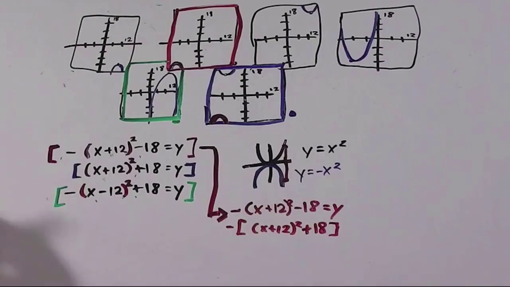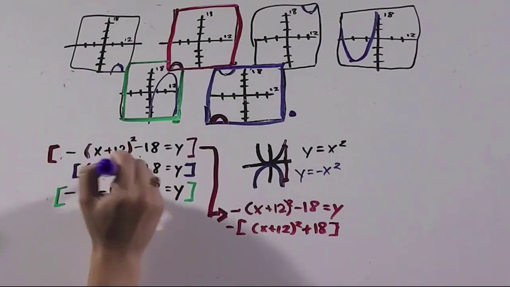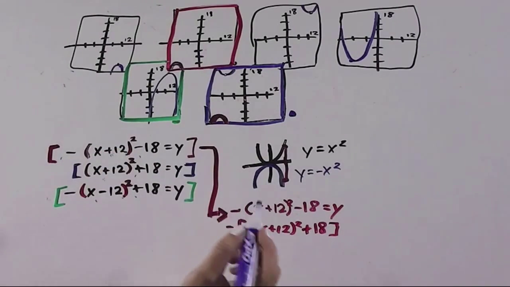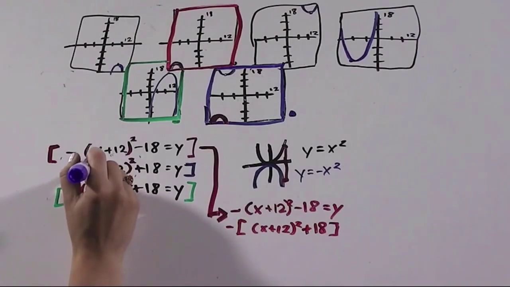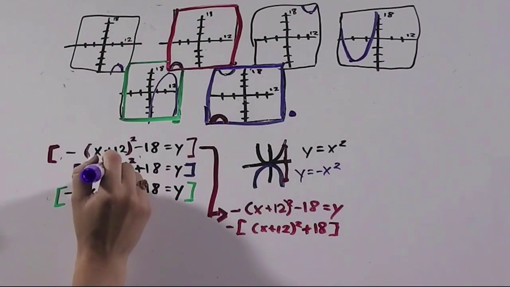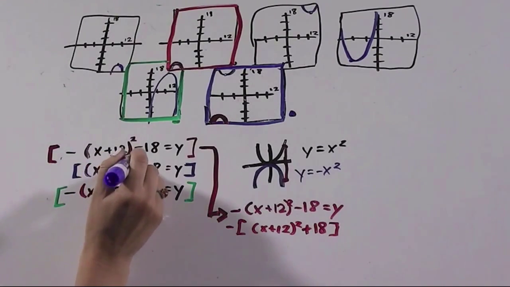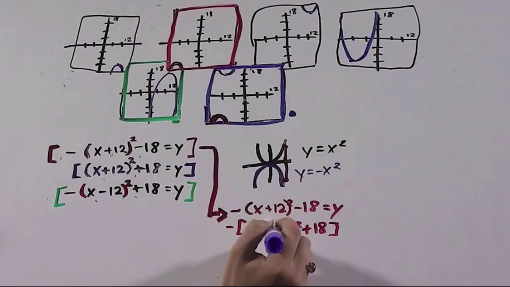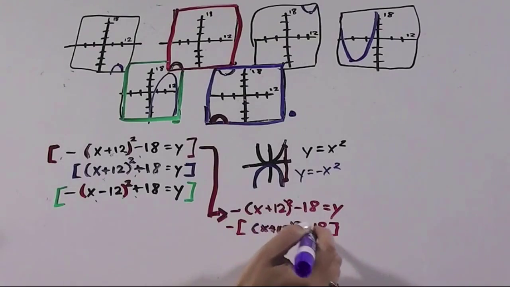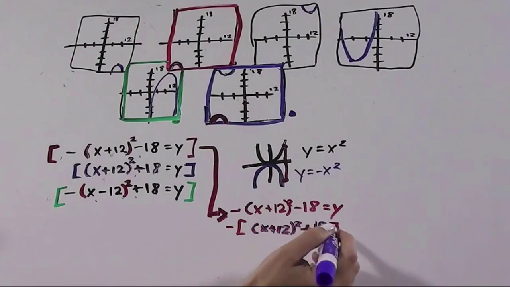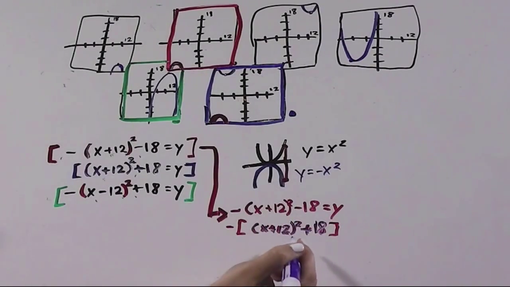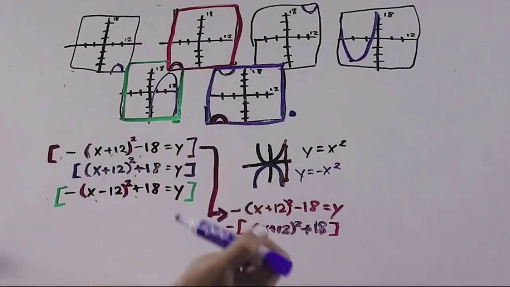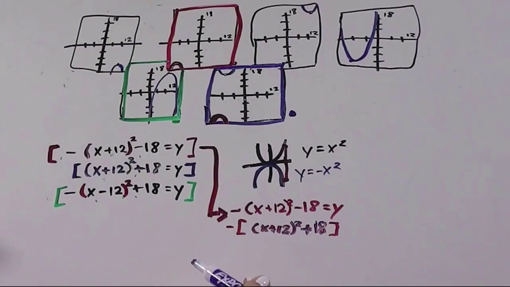And that can be directly replaced by this blue y. Notice that it's exactly the same. It's x plus 12 squared plus 18. Here it is again: x plus 12 squared plus 18. So the fact that these two are a reflection of each other is reflected not only in the graph, but also in the written expression.